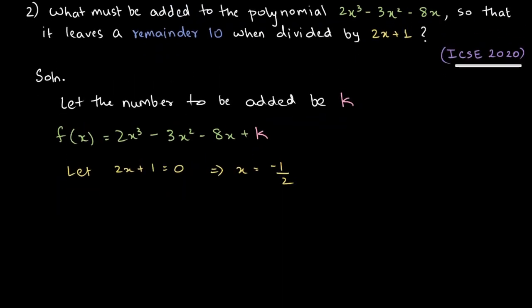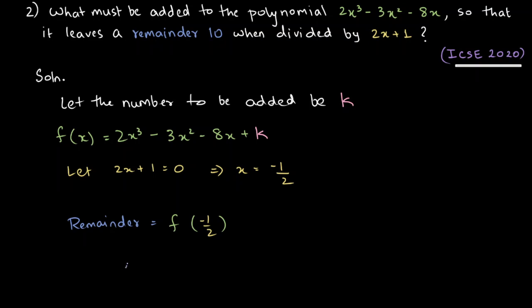Now, according to my remainder theorem, the remainder for f of x being divided by 2x plus 1 will be equal to f of, well, instead of x now, it should be minus half because we just found the value of x. That's the remainder theorem.